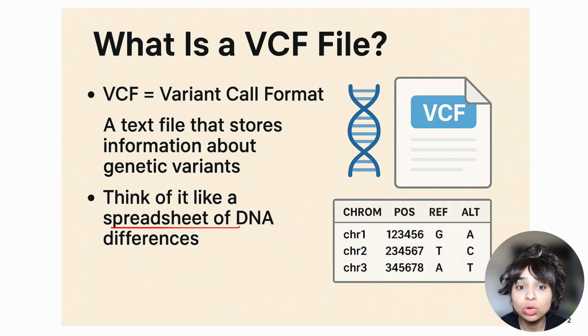Details like what chromosome it's on, what's the exact position, what's the reference DNA base, what was the alternate base, or what the change looks like. So instead of handling billions of DNA letters, a VCF file helps scientists focus only on the places where the genome actually changes. Now that makes it much smaller, easier to share, and much more useful for analysis.